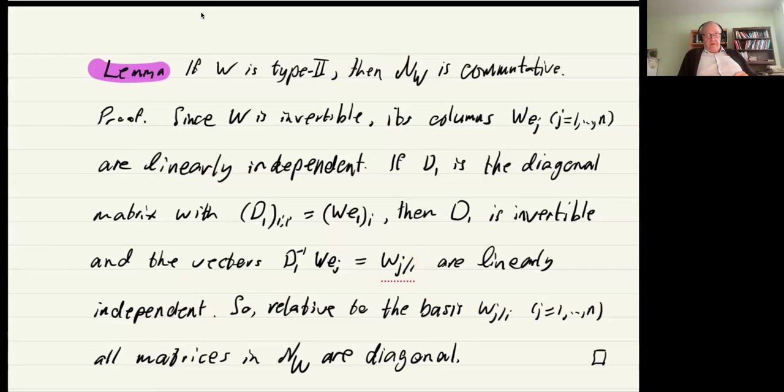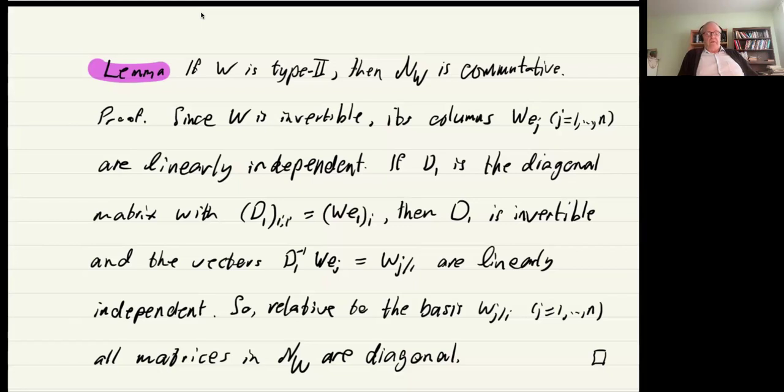Yeah, so these guys are linearly independent. We're multiplying each of them by an invertible matrix, so these are linearly independent. Okay, so now we have a linearly independent set of eigenvectors for anything in the Nomura algebra, because the Nomura algebra is a set of things that has the W i over j as eigenvectors, and so everything in the Nomura algebra will have these n vectors as eigenvectors, and so therefore you can simultaneously diagonalize them.